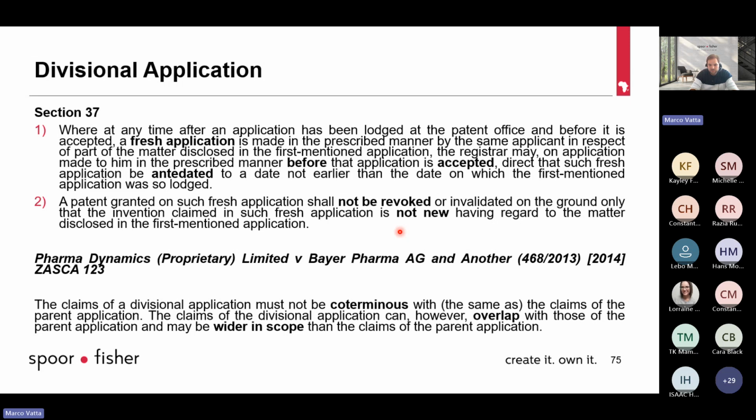Your claims must be directed to different subject matter that you're seeking to protect. However, there can be overlap between those claims, and the divisional's specification claims can also be wider in scope than that of the parent, provided that the claims are not the same. But as I said, there may be some overlap between the claims themselves.